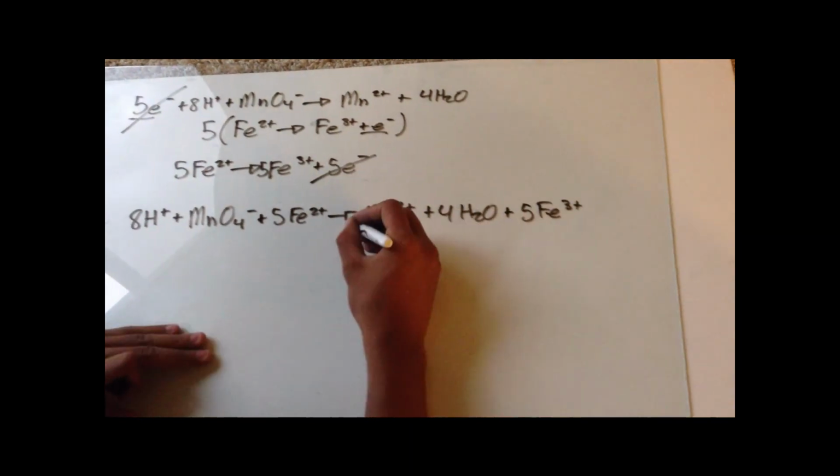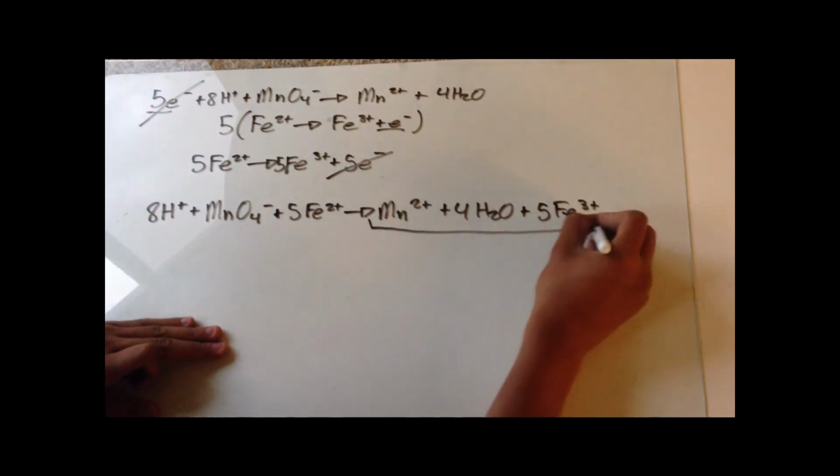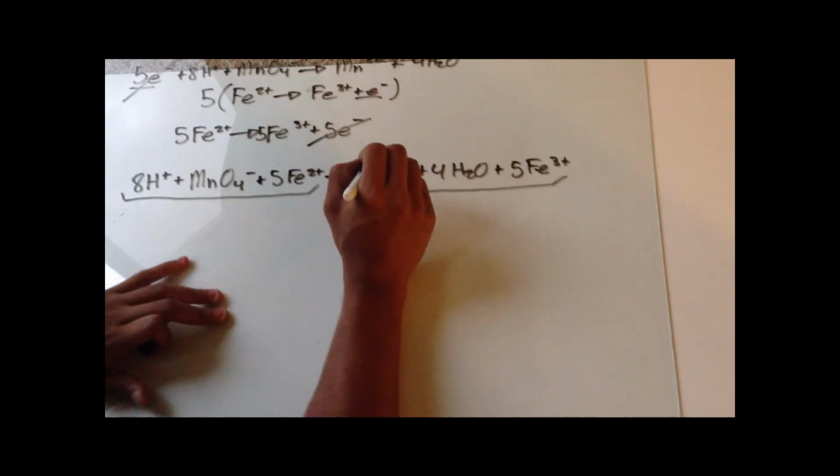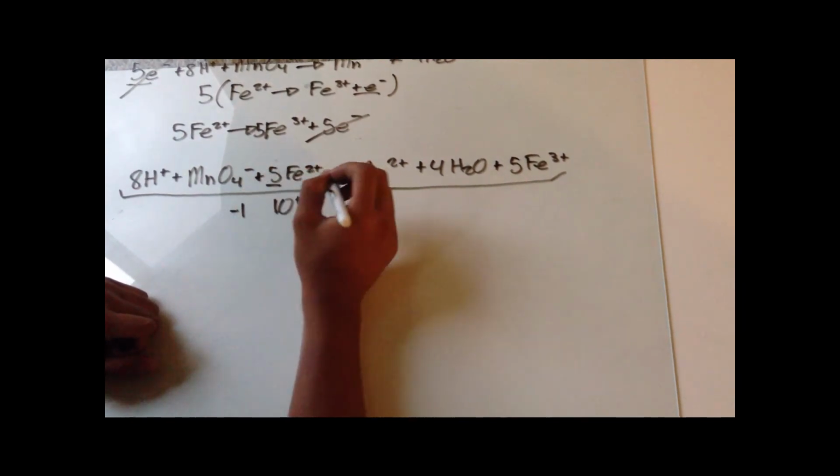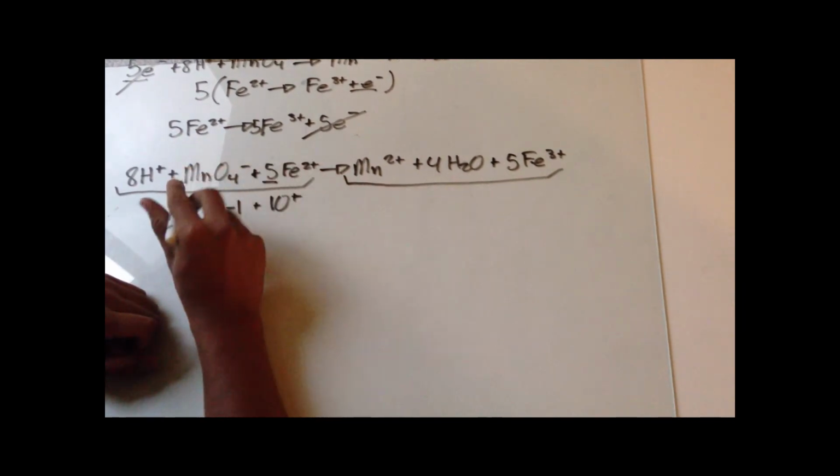And again, just to make sure that you've balanced it correctly, you would take the overall charge to see if they match. So 5 times 2 is 10. This is just negative, so it's just a negative 1. 8 times 1 is 8.